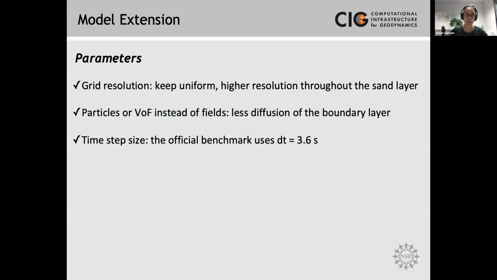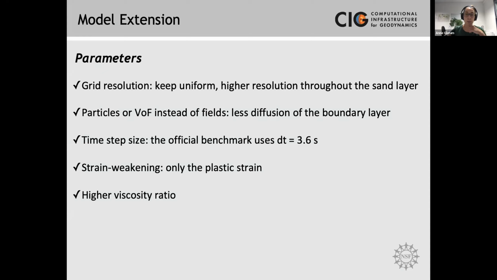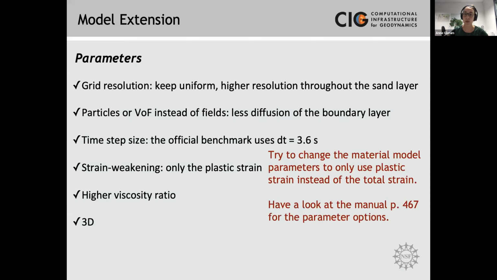You could change the time step size. You could change the strain weakening mechanism, like, for example, using only plastic strain. You could expand the allowed range of viscosities, and you could, of course, look at it in 3D, and then you would also have extensional features in there.